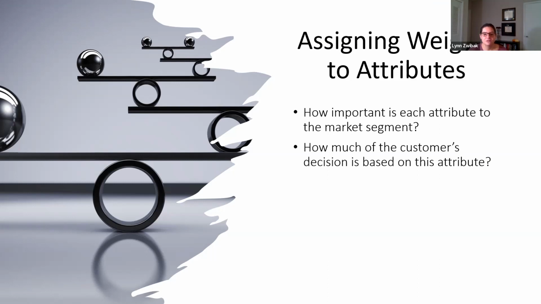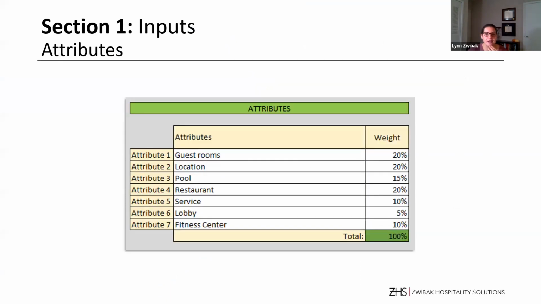In other words, how much of the customer's decision is based on the attribute. The weights must add up to 100%. So you're basically going through and saying, when a customer's deciding where to stay, 20% of their decision is going to be based on the quality of the guest rooms. 20% is going to be based on the location, so on and so forth.